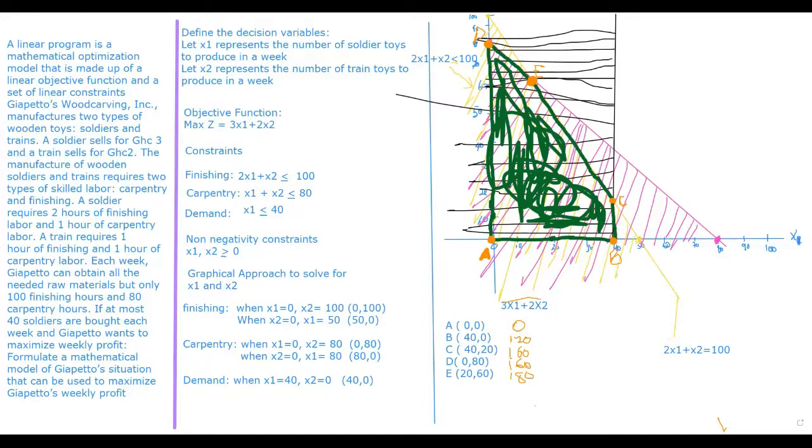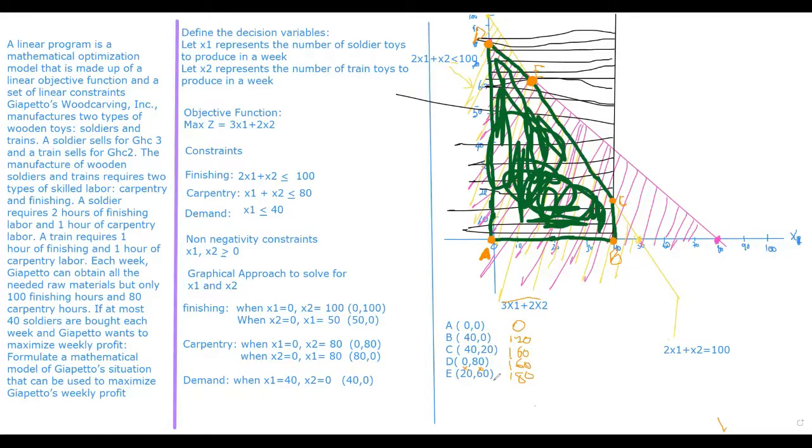So therefore, this one becomes our what? X1, 180 is point E. Then the 60 becomes what? X2. So meaning the actual values for our x1 and x2 that were unknown are 20 and 60 respectively.